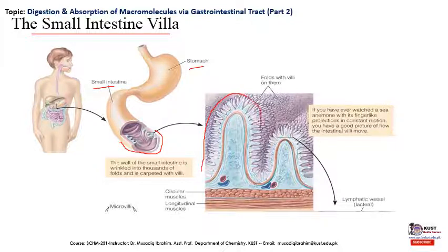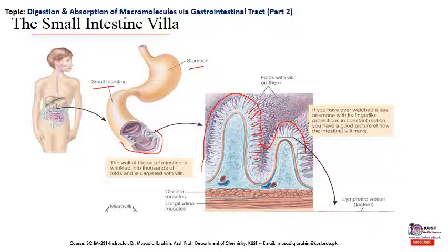These are the folds, you can see, and there are thousands of folds present within the small intestine, and on the folds there are small structures or protrusions present, which are referred to as villi.